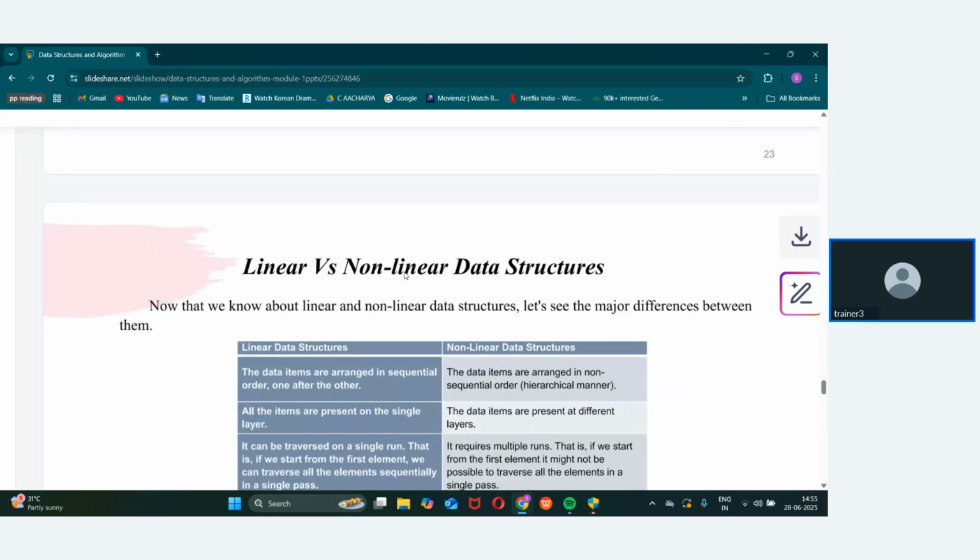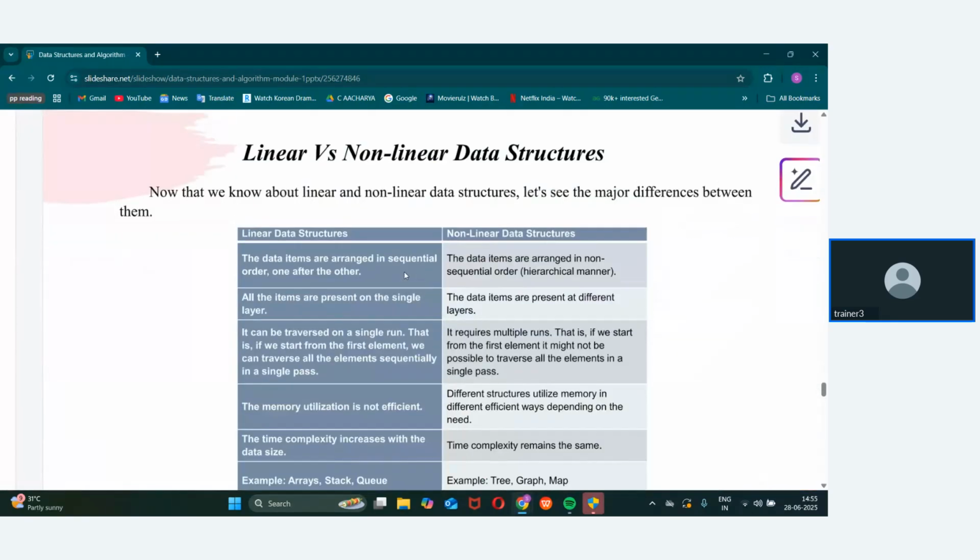So we will also look at how these things are used in AI, like what are different data structures and algorithms that are used in AI.